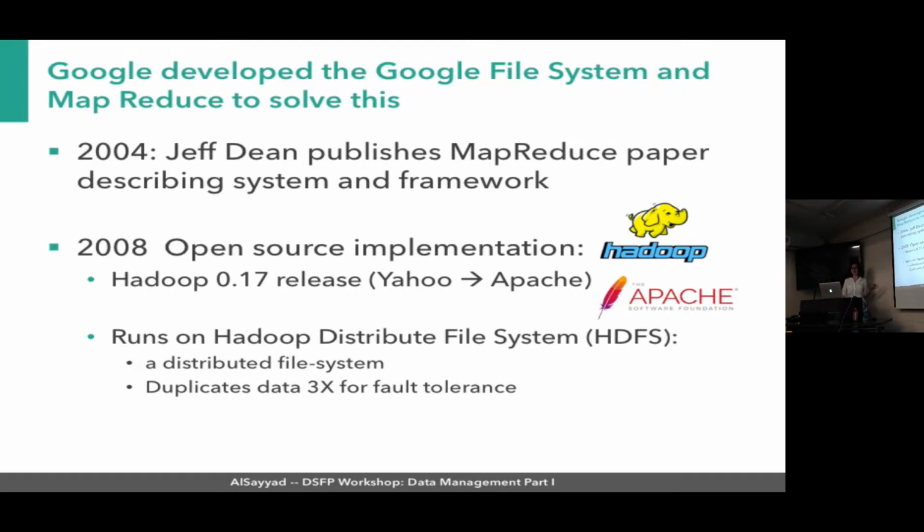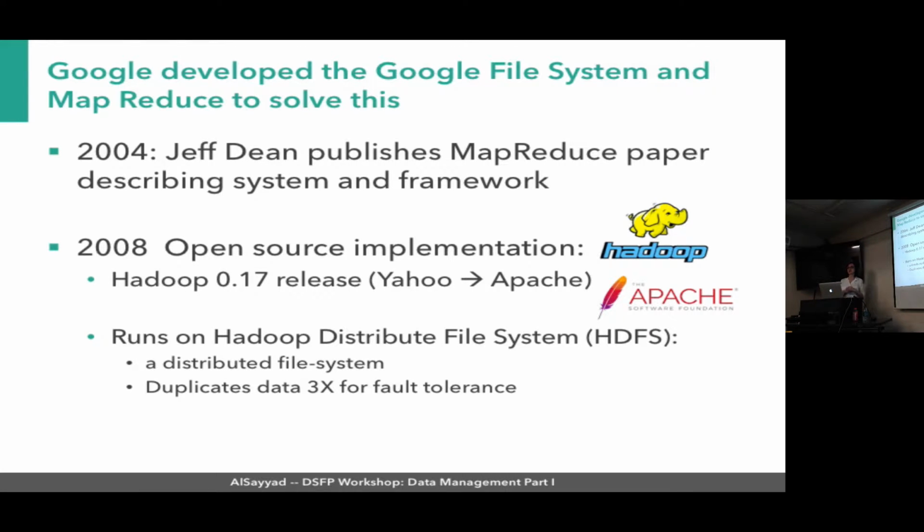So in 2004, Jeff Dean published a paper called MapReduce, describing this system and framework, which caused a big splash. And 4 years later, there was an open source implementation released by Yahoo, and later adopted by the Apache Software Foundation. The Apache Software Foundation, you'll see a lot.